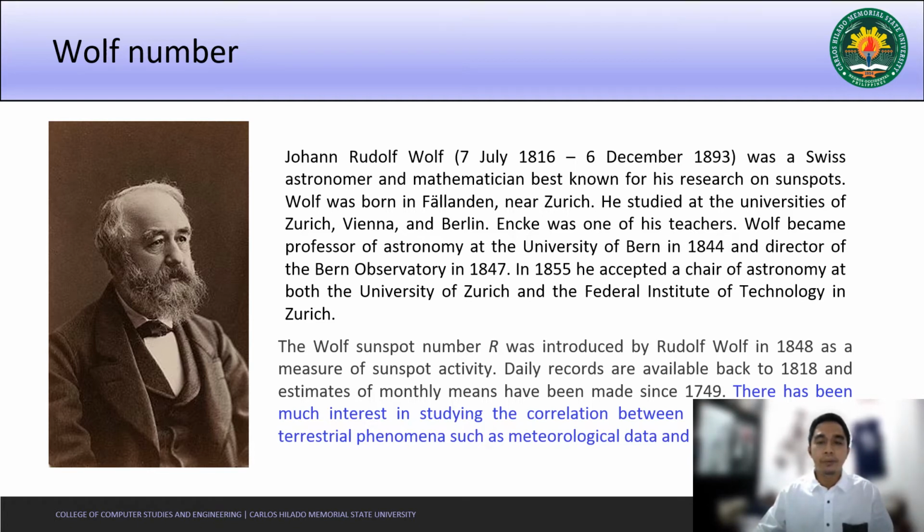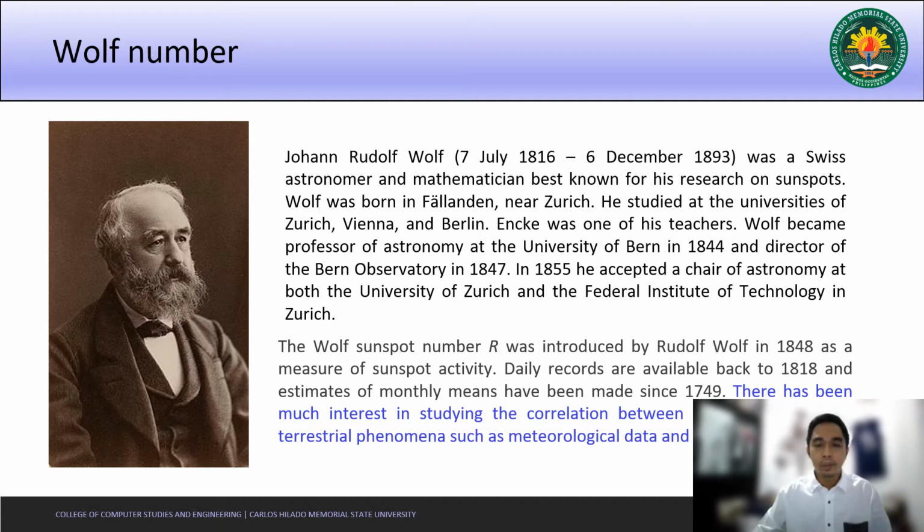So we have this from the famous astronomer Wolf. Johann Rudolf Wolf was a Swiss astronomer and mathematician best known for his research on sunspots. Wolf was born in Zurich and studied at the universities of Vienna, Berlin, and in Switzerland.